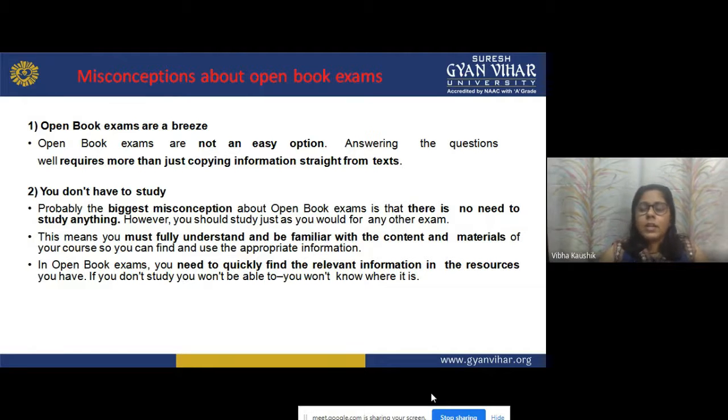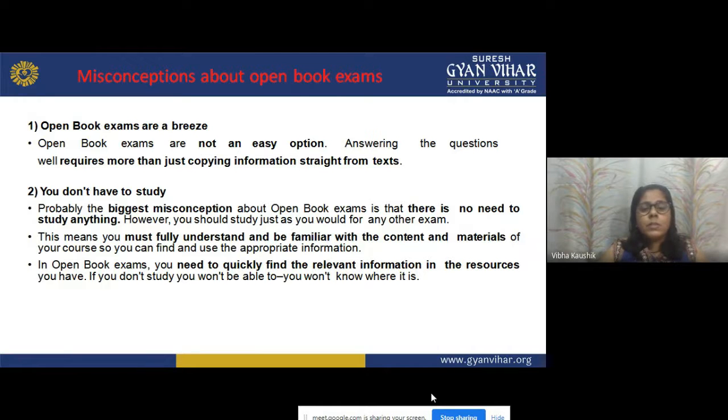When we are saying that it is reducing the anxiety, it is not an easy option for giving the exam, because answering the questions will require more than just copying the particular information from the textbooks to your answer sheets. You don't have to study. And the second misconception is that when we are taking open book exam, then there is no need of study.